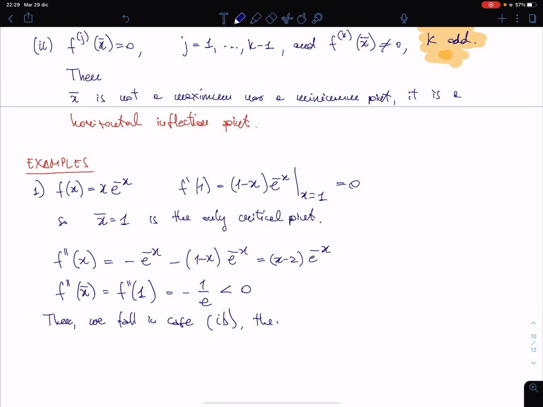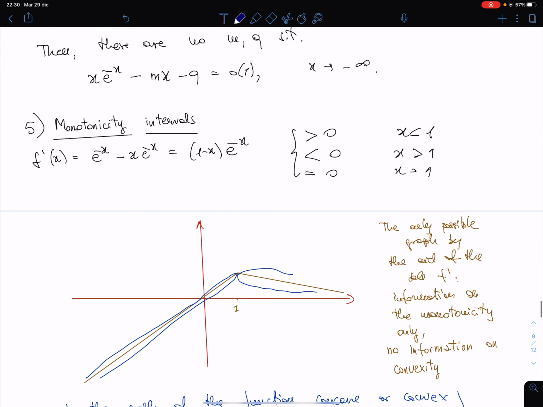Therefore, x bar equal to 1 is a strict local maximum point for the function f. Sorry, not minimum, maximum. This was already easily deduced from the graph just using the first derivative here. Okay?